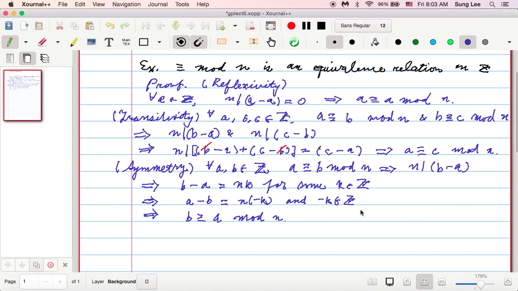So we have shown that congruence modulo n is an equivalence relation on Z, because it satisfies three axioms: reflexivity, symmetry, and transitivity.